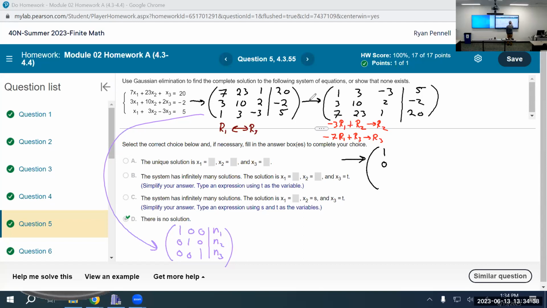One, 0, 0. Row 1 doesn't change. Row 2, okay. So that's -3. Let's just work on row 2. So -3 times 3 is -9 plus 10 is 1. -3 times -3 is +9 plus 2 is 11. -3 times 5 is -15.